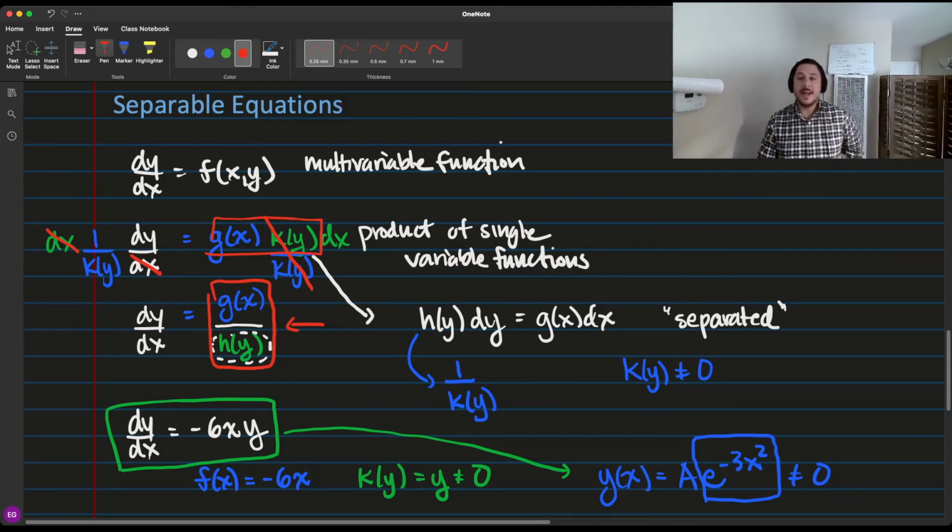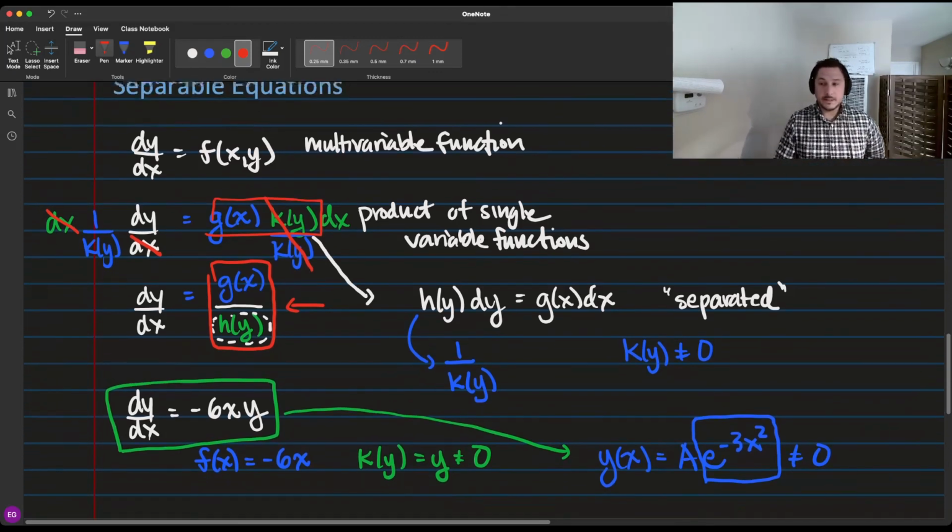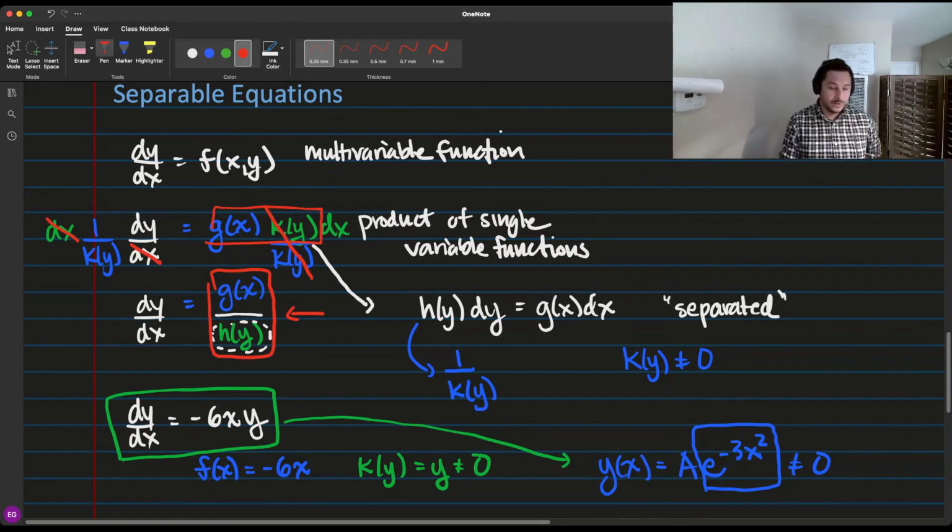And you can't have k of y equal to 0 because you're dividing both sides by k of y. But hopefully it's making sense as to why y can't be equal to 0 for that one, why k of y can't be 0. Okay.